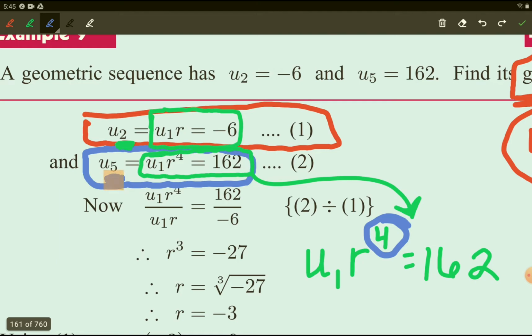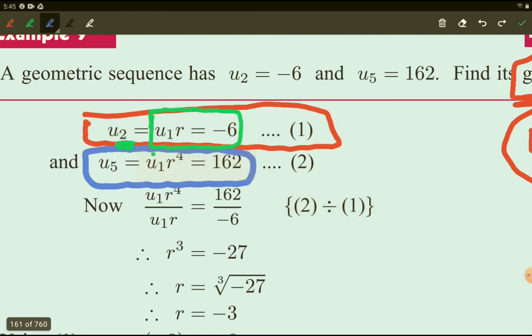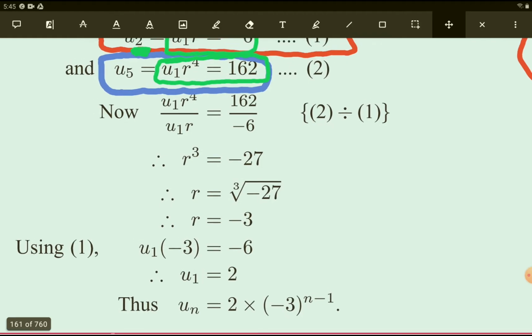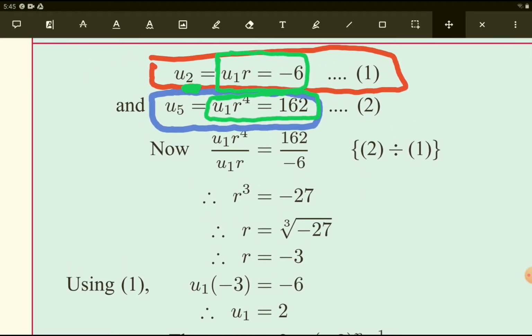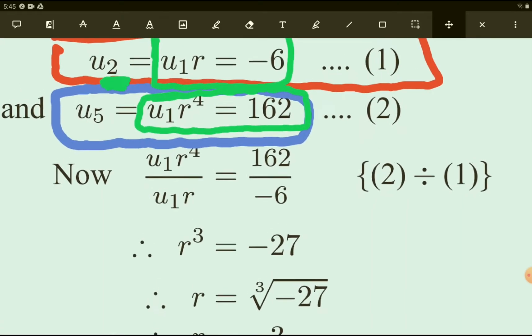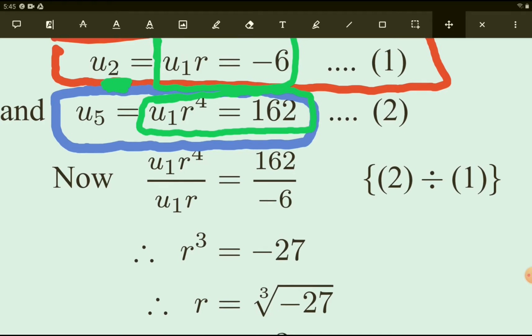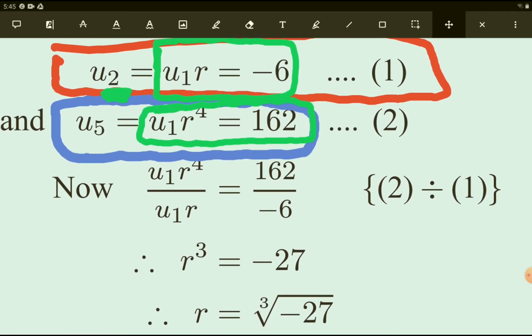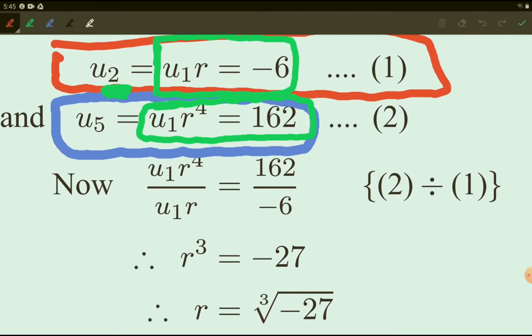Okay, now let's talk about what they did. They divided to figure out the common ratio.